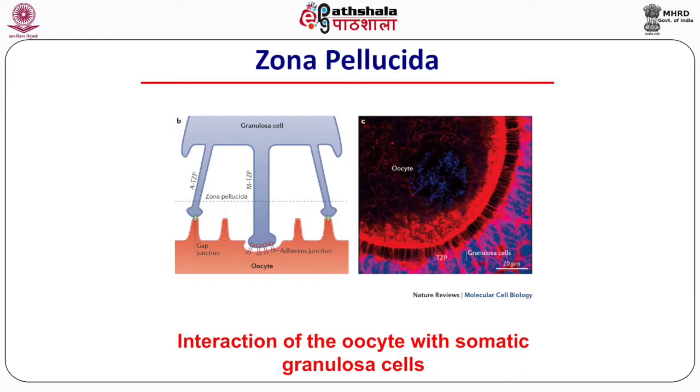The cytoplasmic processes which pass through the zona pellucida are important as they form gap junctions, and through these gap junctions important macromolecules can pass through, which are sometimes required by the oocytes for its development.